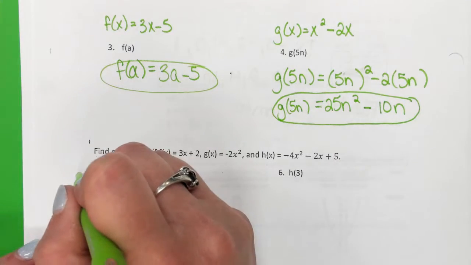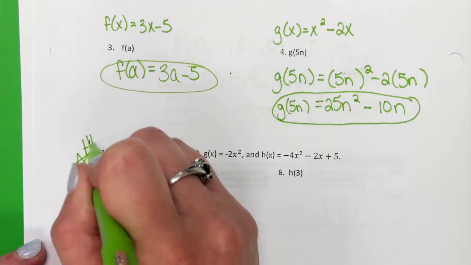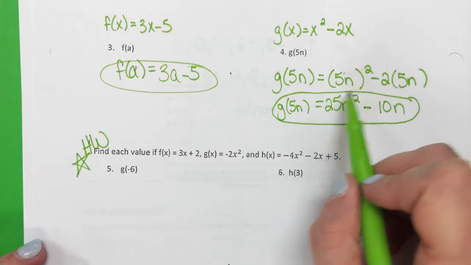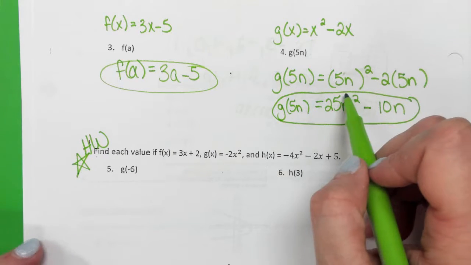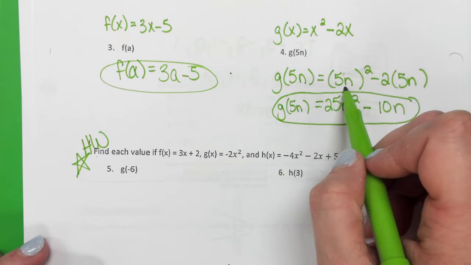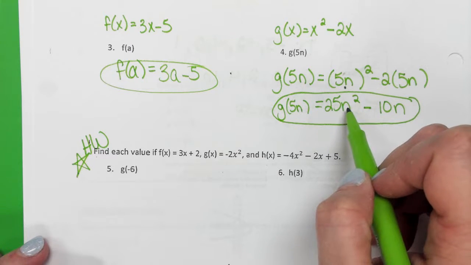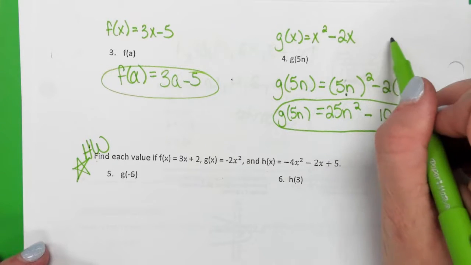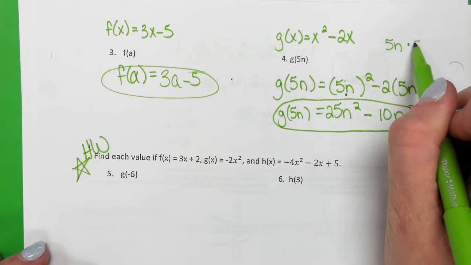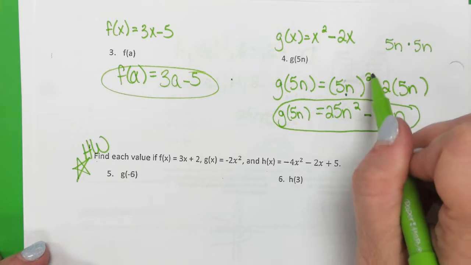So when you square something, you square both of them. Yep. Basically, you can't square the 5 and leave the n, you have to keep the square in there. Yes, Danielle, because this is like saying 5n times 5n is what that means to be squared.